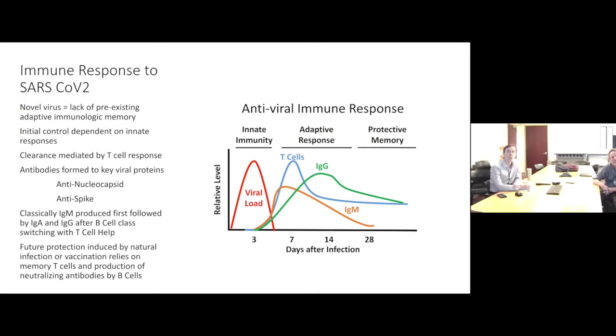Once we get past our primary response and clear virus, we hope these will ultimately mediate protection going forward. Future protection is ultimately mediated by memory T cells and these antibodies, produced by natural infection or by vaccination.